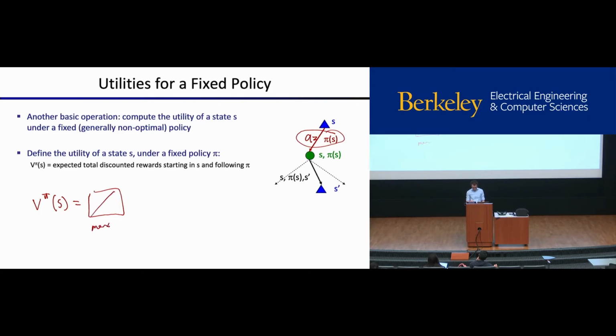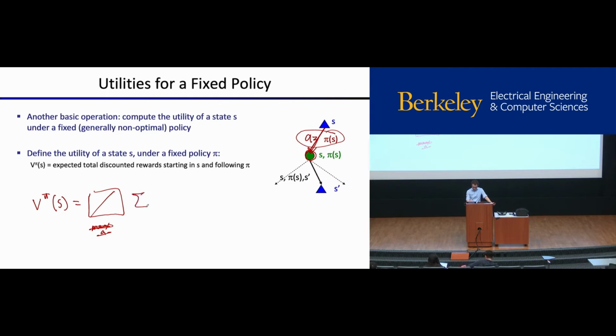This was the max. We don't have that anymore, okay? What do we have? Well, we're taking this action A because it's given to us by the policy, so we're basically already in the Q state, right? We're committing to taking this action. It's like we're starting in this green node.